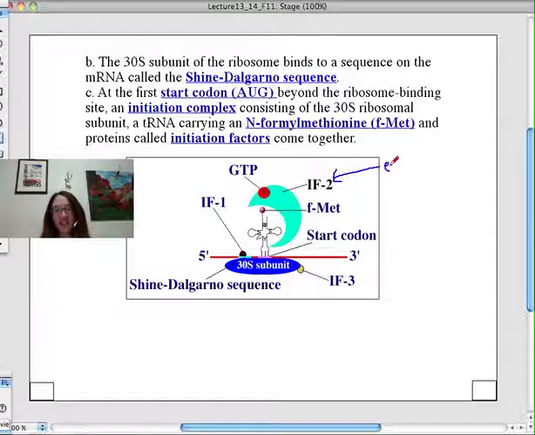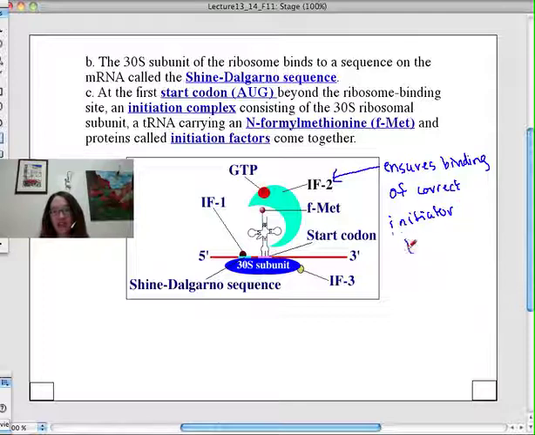So let's just say ensures binding of correct initiator tRNA. That is to say that N-formyl methionine is the first amino acid to be bound. They're bound to its tRNA.